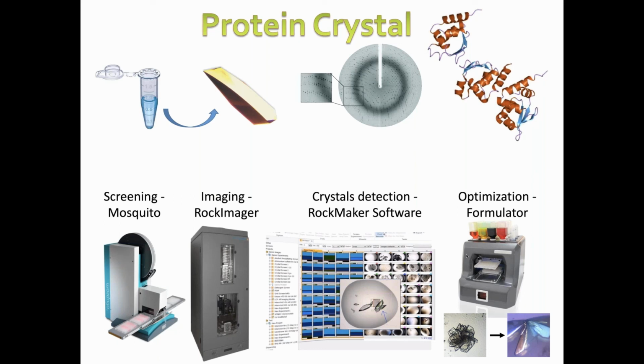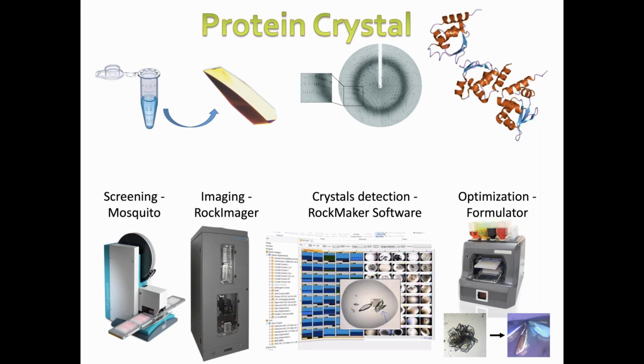We can just look and see the growth of crystals over time, and our users can log in to the website and use the RockMaker software in order to detect crystals and also to see and mark their successful drops. It's extremely helpful to catch the exact time when the crystals have evolved inside the drop.